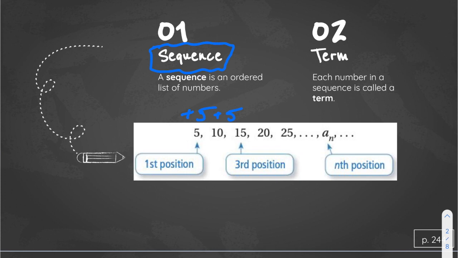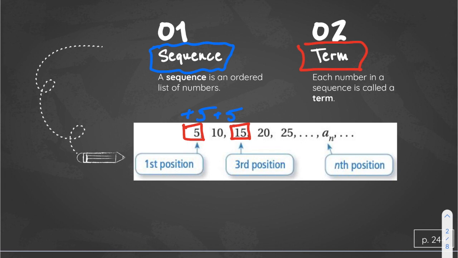Another term that we need to be familiar with is term. Each number in a sequence is called a term. So right here, 15 would be the third term in the sequence. 5 would be the first term, or first position, you could say as well.